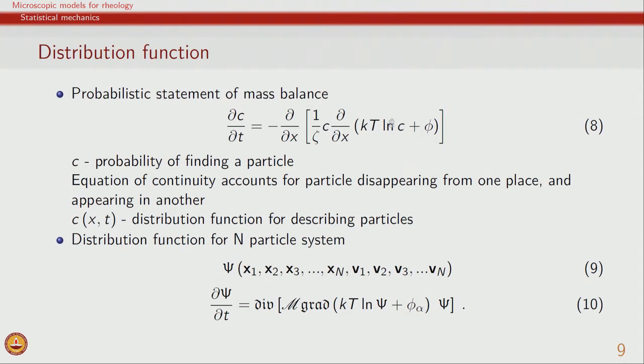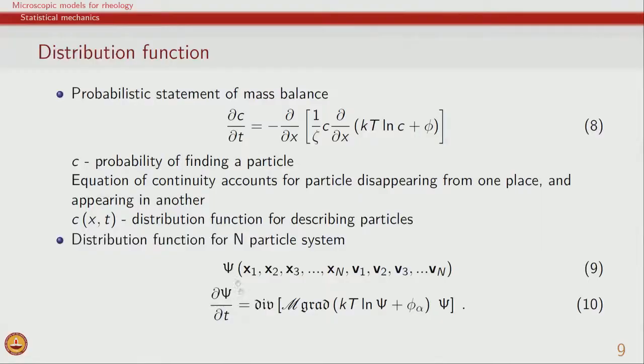So, by analogy you can see that a governing equation which was written to account for how probability and the concentration of particles change, a similar equation can be written for the probability of observing a state of the overall system. Given that the state of the overall system depends on individual particles and their states, the overall distribution function is a function of 6N variables.